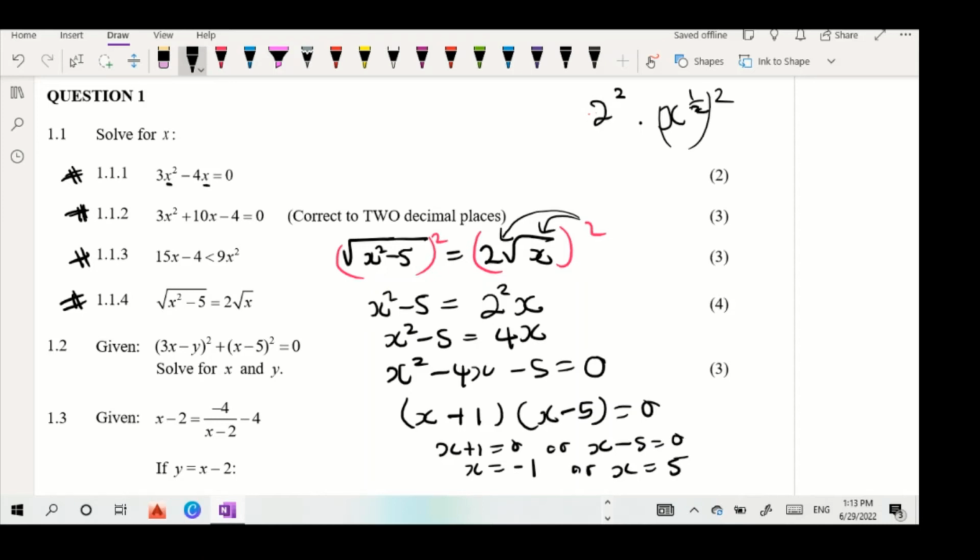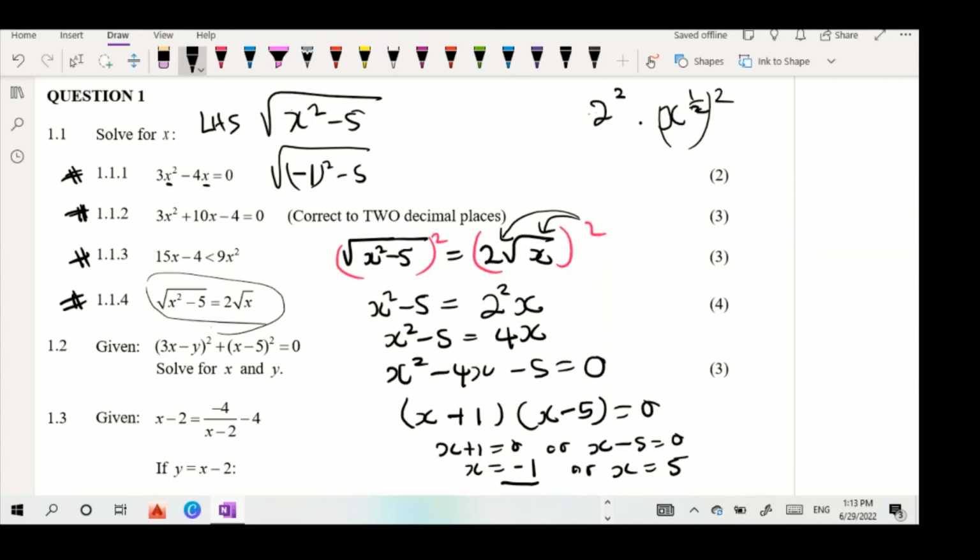So you need to test these solutions of x because you're having a SAT problem. So I did test my solutions of x. When you substitute, so you're having a root of x squared minus 5. When you test on the left hand side, when you put negative 1 here, you square it, then you say minus 5.